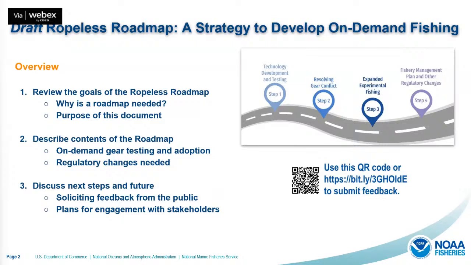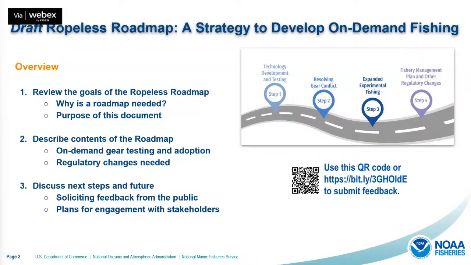Great, thank you. So just an overview here of what I'd like to cover this morning. I'll start with a review of the Ropeless roadmap itself. We'll talk about why the roadmap's needed, and what its purpose is. We'll walk through briefly the contents of the document, including on-demand gear testing that's been ongoing, and discuss scenarios for increased adoption of on-demand gear, where right whale entanglement risk reduction is needed most over time.